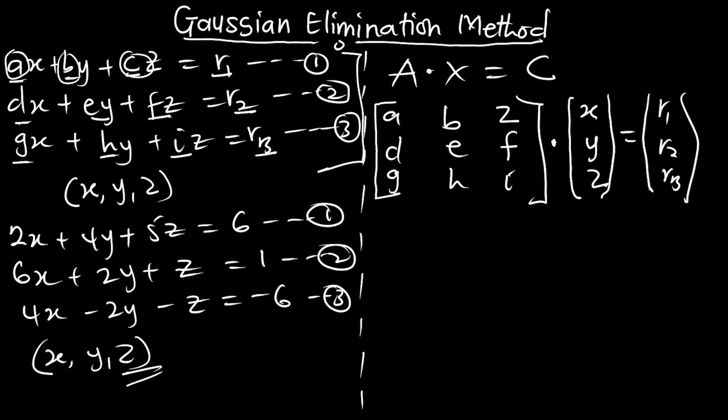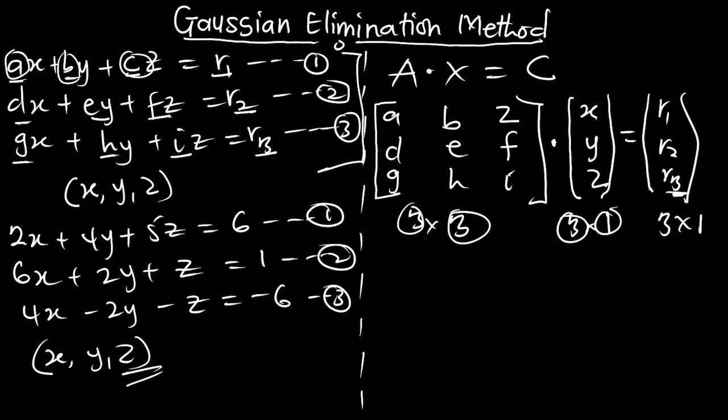So we know that from the multiplication of matrices, this is a 3 by 3 matrix, and this is a 3 by 1 matrix. We can multiply because the number of columns is equal to the number of rows, and our result is going to be a 3 by 1 matrix. And here we go, 3 rows, 1 column. So now we know how to write the matrix.